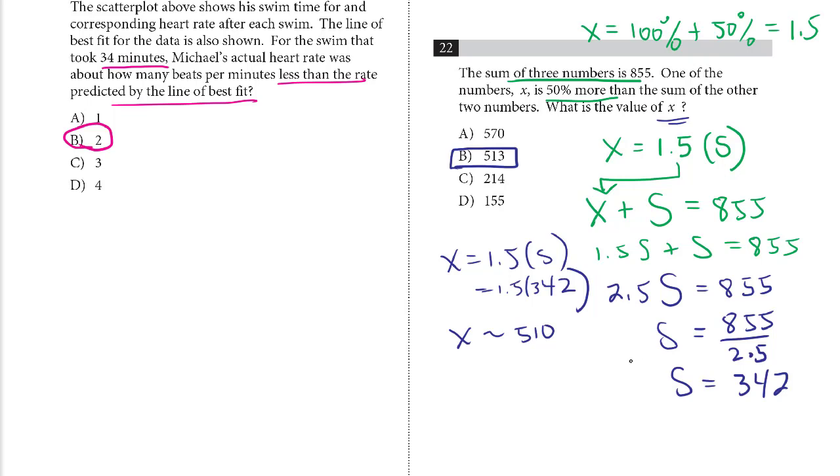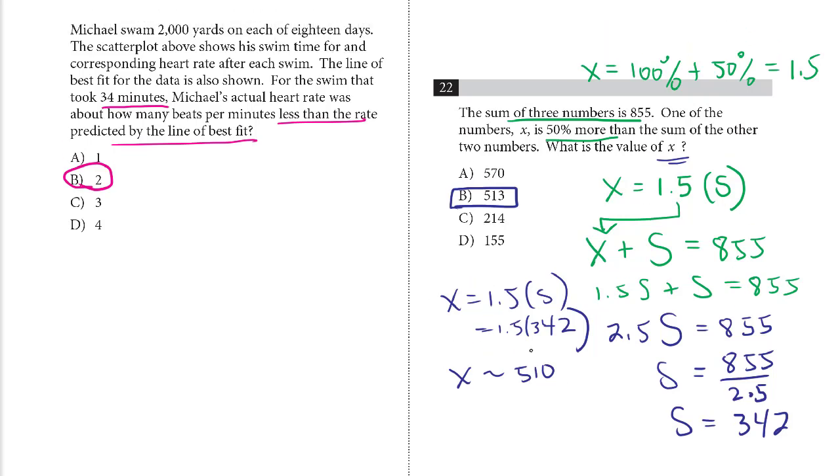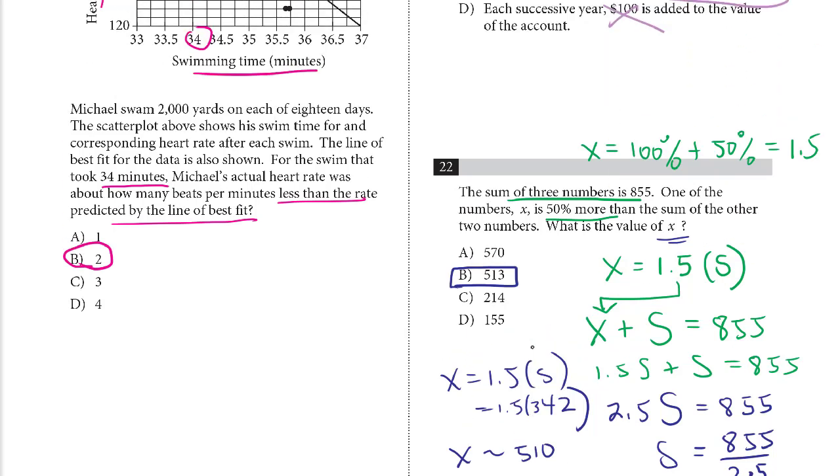The other thing students might want to be careful about on this particular problem that might mix them up is if they thought about three numbers, a plus b and then plus the x equals 855. They might get caught up between the a and the b and figure, okay, I can set up two equations, but I have three variables.